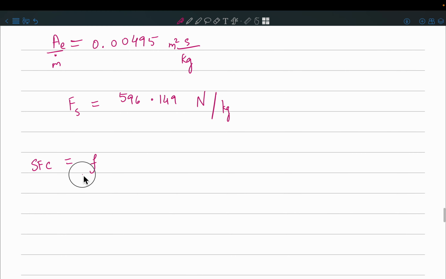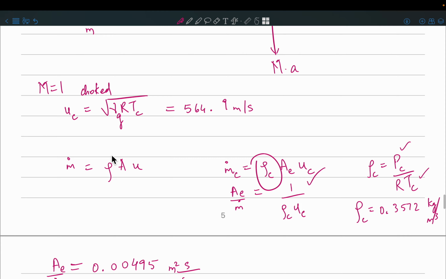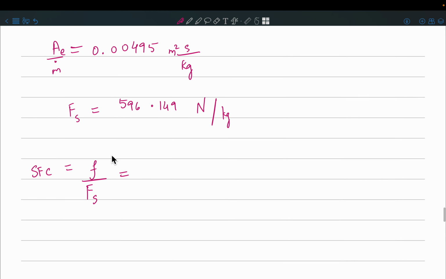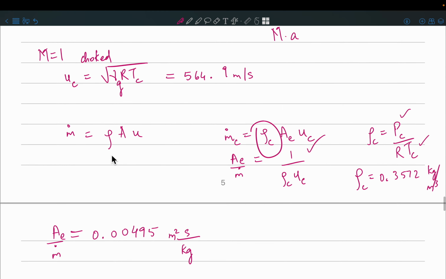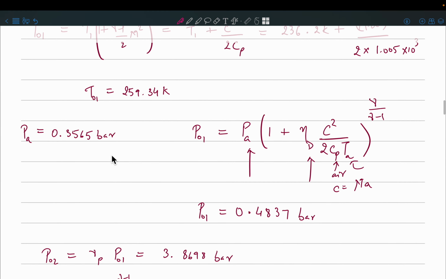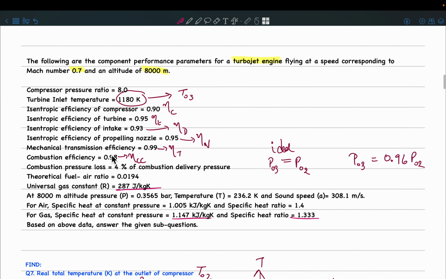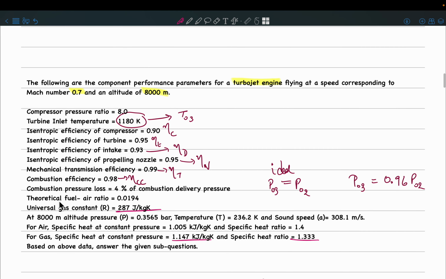So that is fuel air ratio divided by this Fs. So how will you find the fuel air ratio? We have already found this earlier, no? How will you find the fuel air ratio? Is it given in the question? Okay, let's see. Yeah, so they have given you a theoretical fuel air ratio.